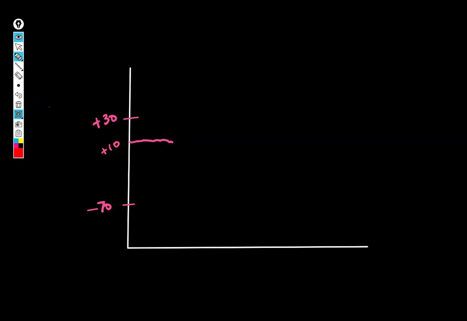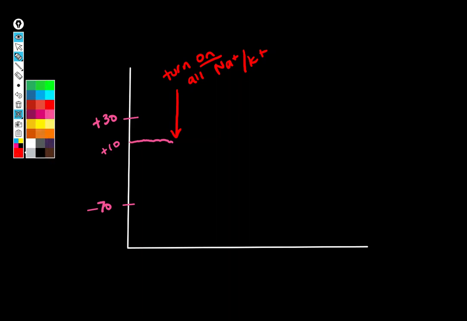If I, at time 0, turn on all sodium potassium pumps, and you know that every time the pump spends an ATP the cell loses 1 unit of positive charge, you would expect our membrane potential to start dropping more and more into the negative.